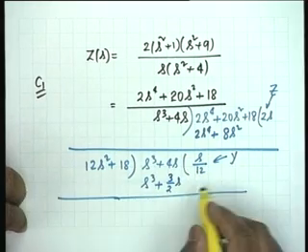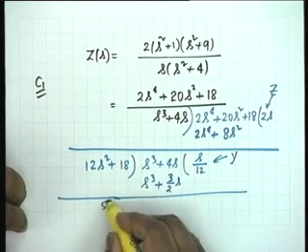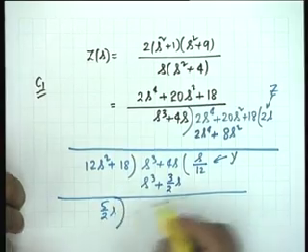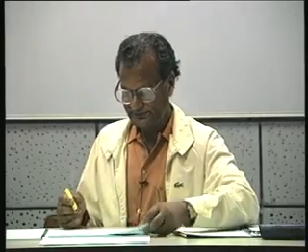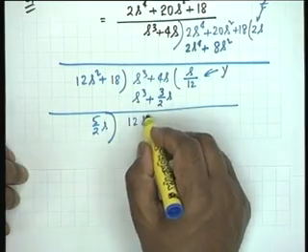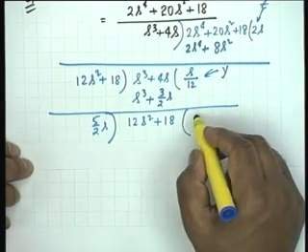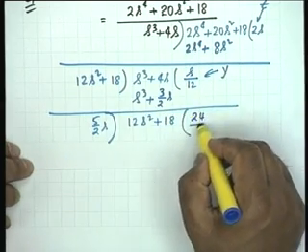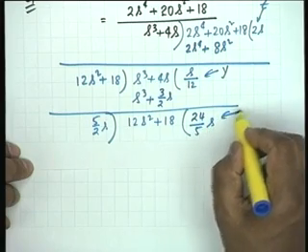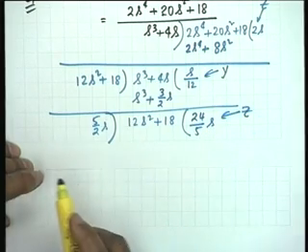The remainder is 5 by 2s, that divides 12s squared plus 18. So the quotient would be 24 by 5s, and this is an impedance, 24 by 5s. Is that okay?